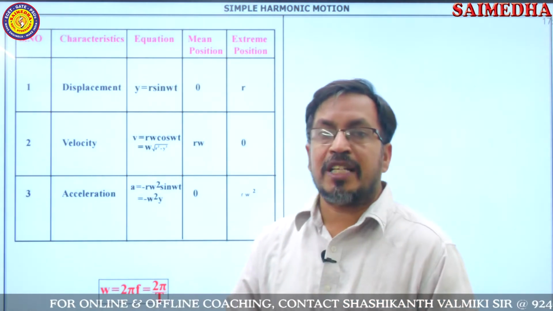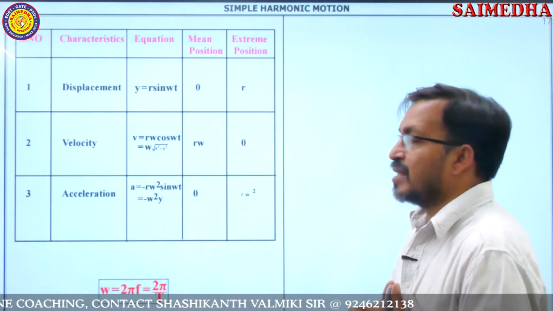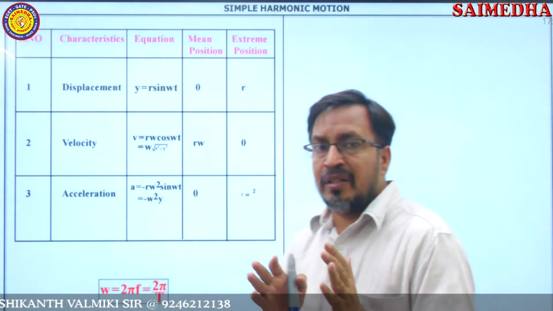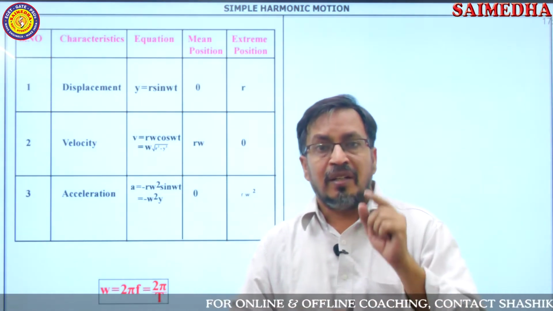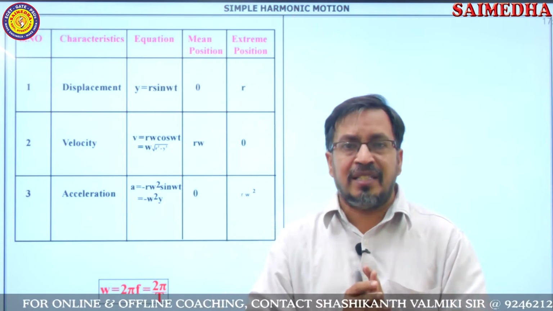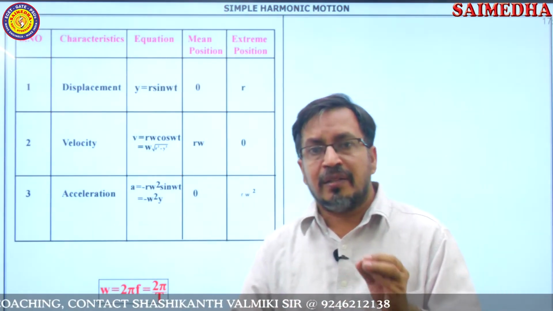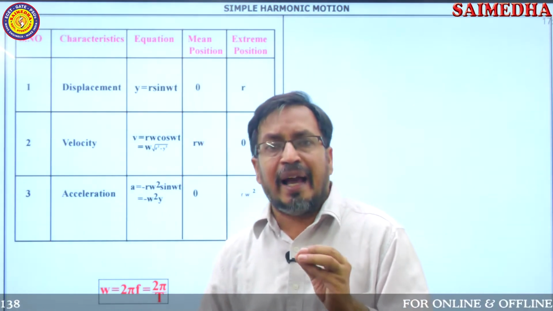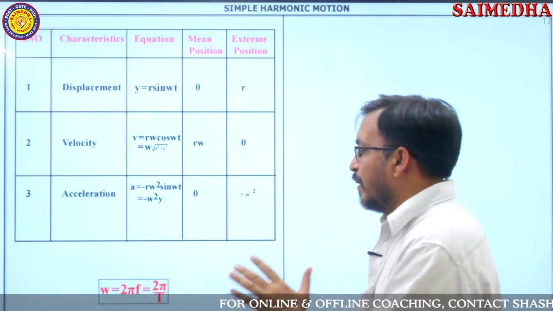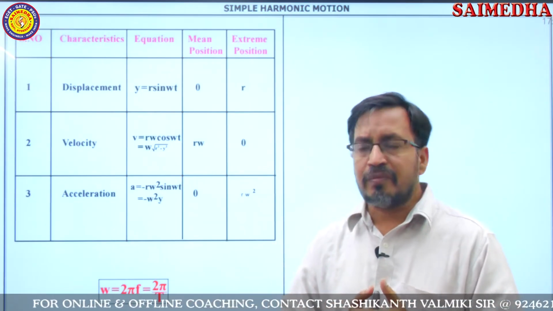Just now I told you in simple harmonic motion 3 questions are asked. I divided 3 sections. In Section 1, the questions are related to displacement, velocity, acceleration and time period, frequency.